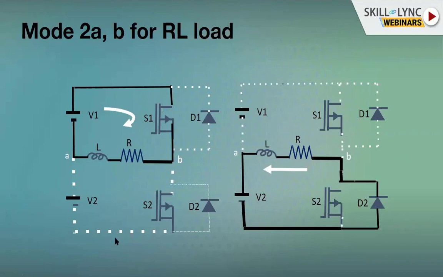The voltage across the inductor would reverse, so that A becomes positive and B becomes negative. When B is negative, the bottom diode D2 is forward biased. When will diode D2 get forward biased? When your B terminal is more negative with respect to the other terminal, then the diode D2 is forward biased.